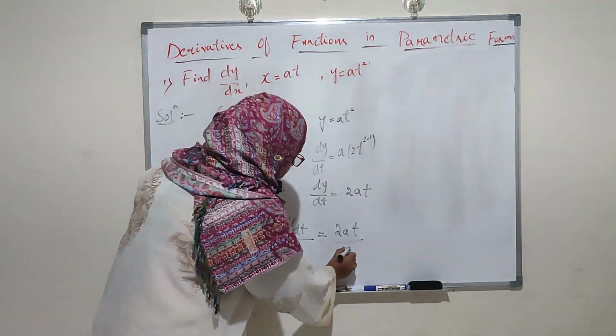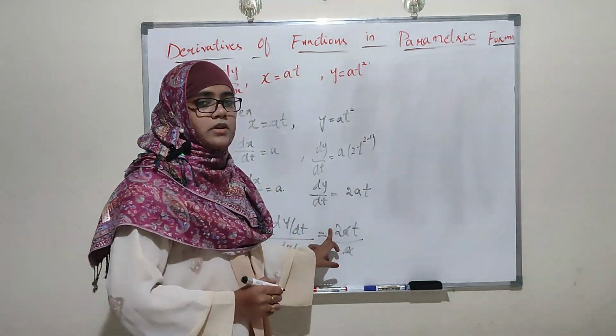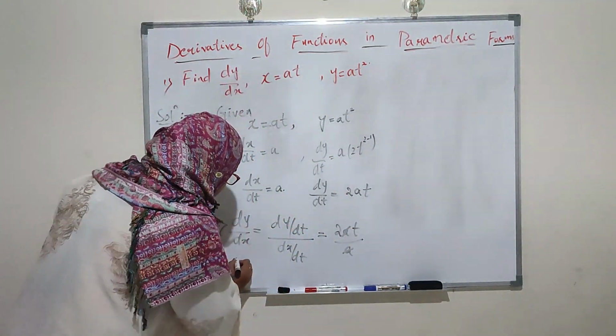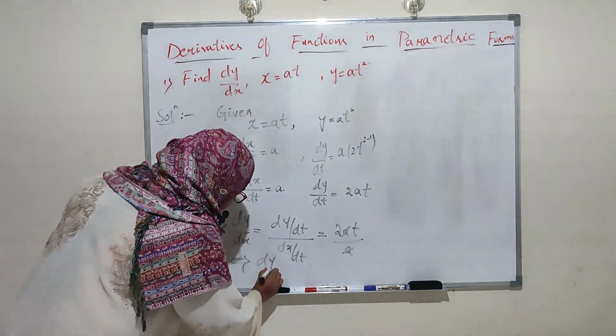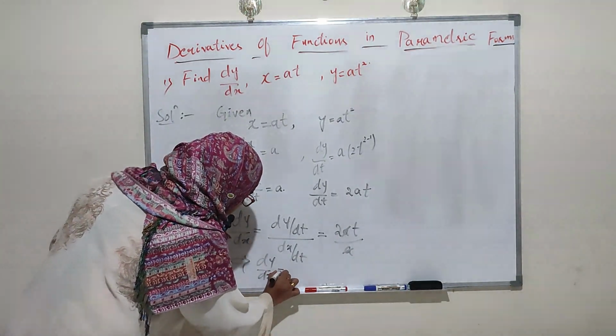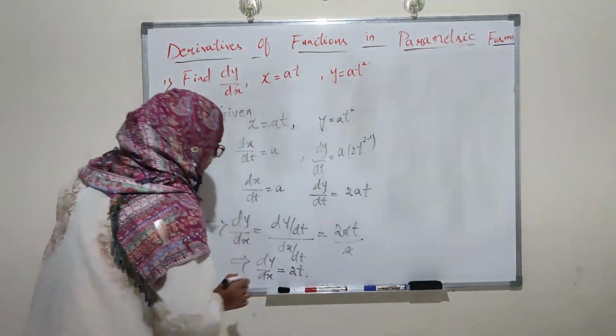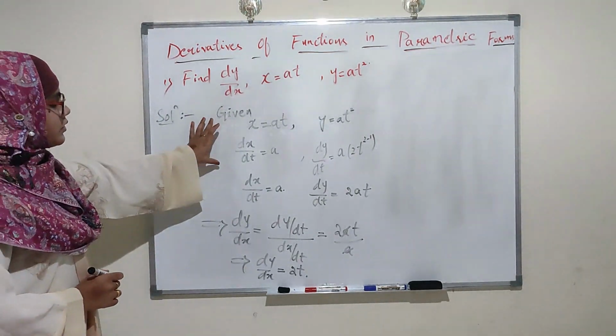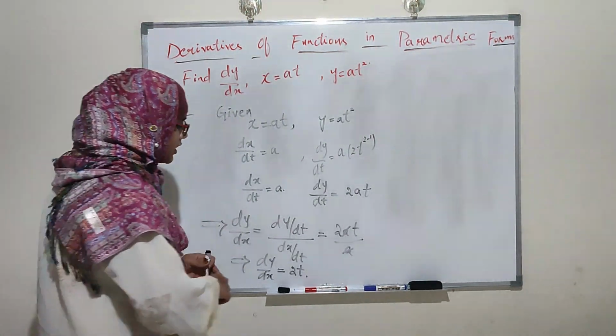These a's get cancelled. This implies dy by dx is 2t. So the final answer is dy by dx is 2t.